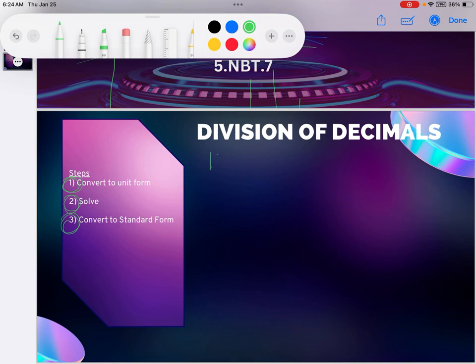Let's do 16 and 1/10 divided by 23. Again, I'm going to write that in unit form. So I have 161 tenths divided by 23 ones. Again, tenths divided by ones is going to be tenths.